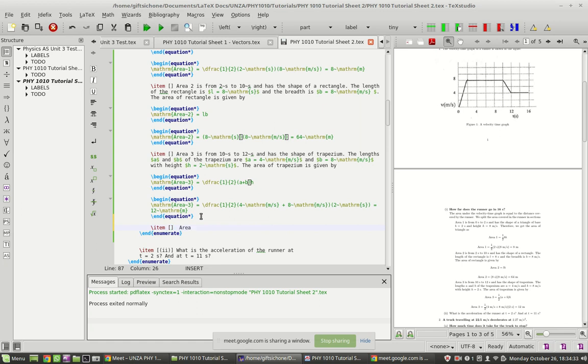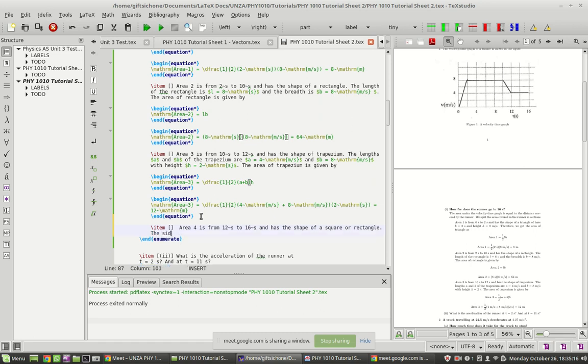So area 4 is from 12 seconds to 16 seconds and has the shape of a square, unless someone has a different opinion. Or you can call it a rectangle or square. More rectangle.